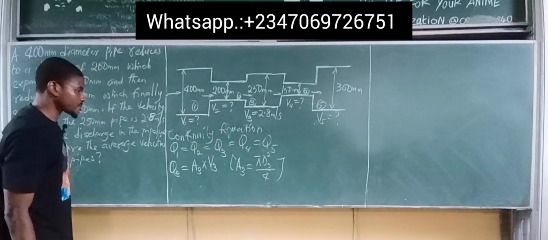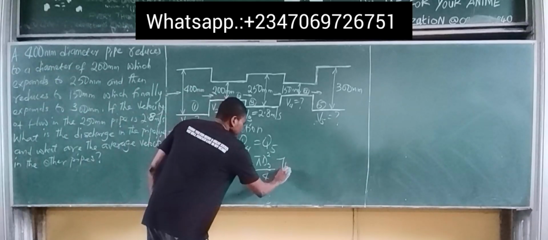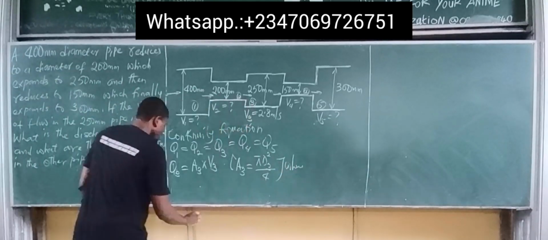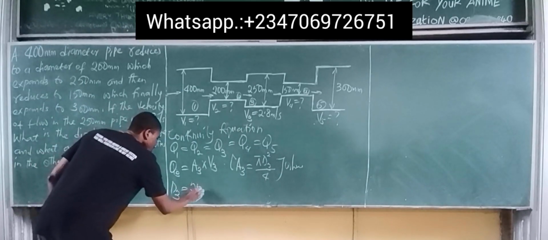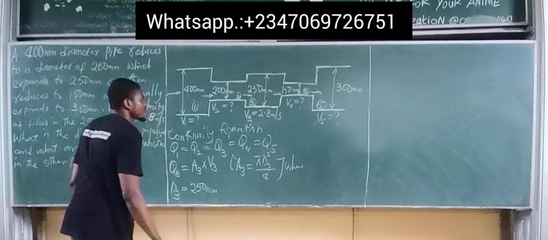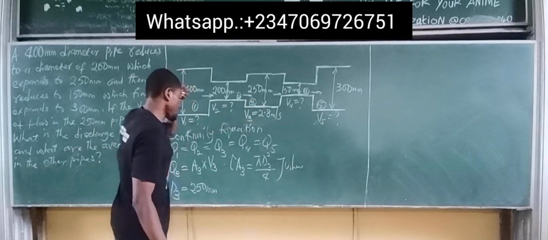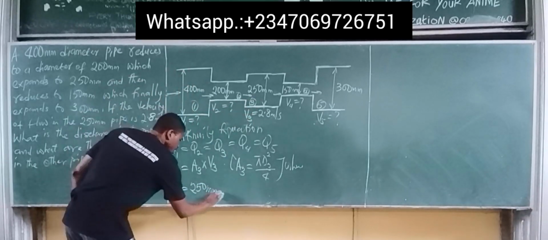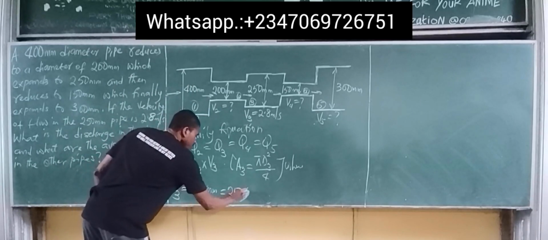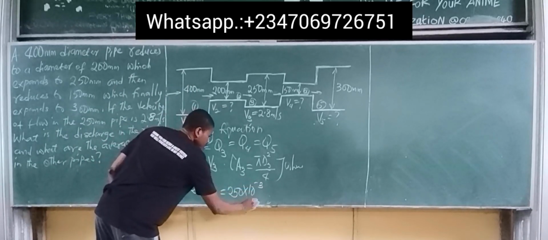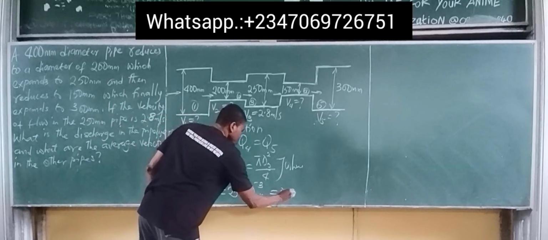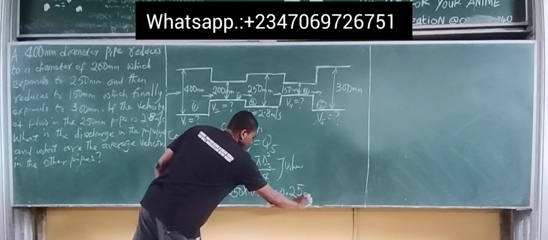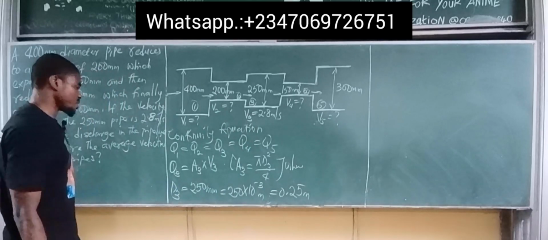Where diameter of pipe 3 was given as 250 millimeter. So this is equal to 250 times 10 to the power of minus 3 in meters, converting it to meters, and that's about 0.25 meters.